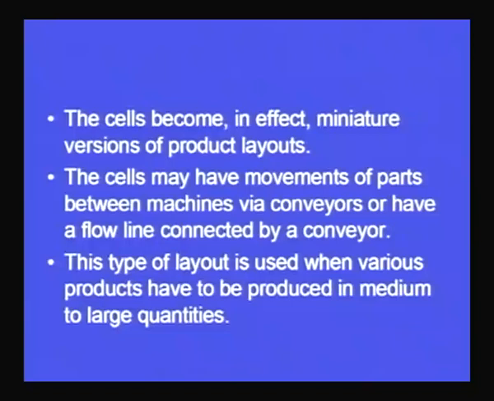Also, this type of layout is used when various products have to be produced in medium to large quantities. So, where this type of layout is used is also specified in this point. It means that wherever the variety is there, if we are producing only a single product, then this type of layout may not be feasible.